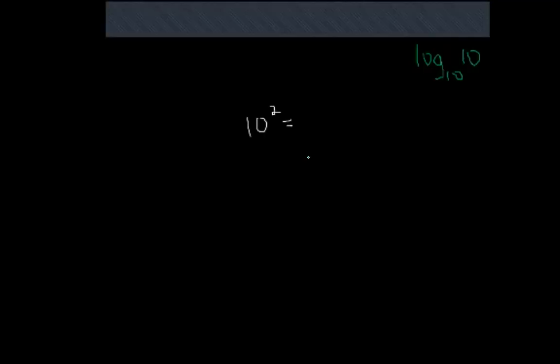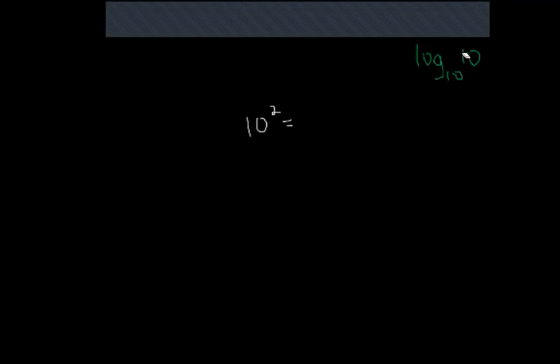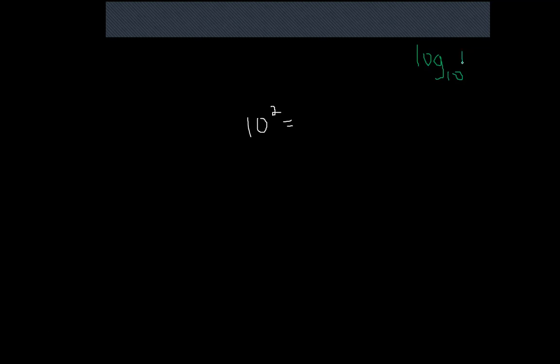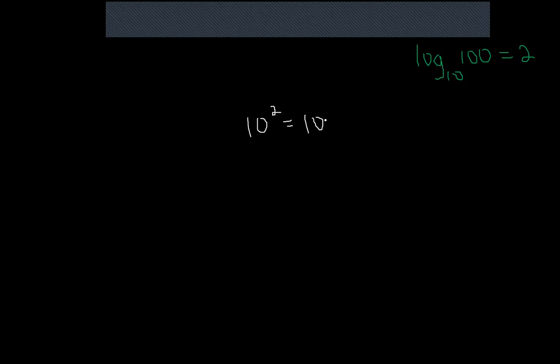In the base. Okay, in the base. If 10 is going in the base, what number would come here? 100. 100. And what would this be equal to? 2. Ooh, good job. So I have 10 squared is equal to 100.